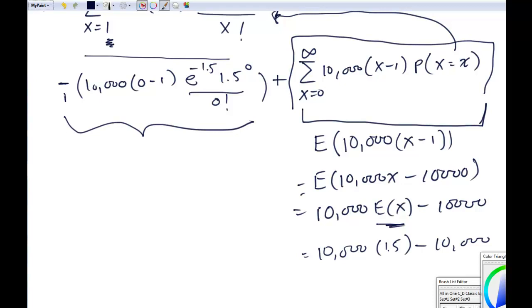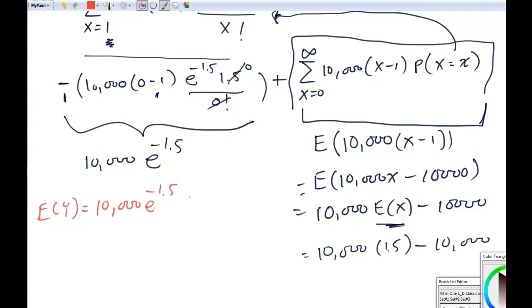So let's simplify the other portion. This is a negative, this is also a negative, so we're going to go with a positive 10,000. This goes away, e to the negative 1.5. So if we put it all together, we end up with E of y equal to 10,000 e to the negative 1.5 plus 5,000.